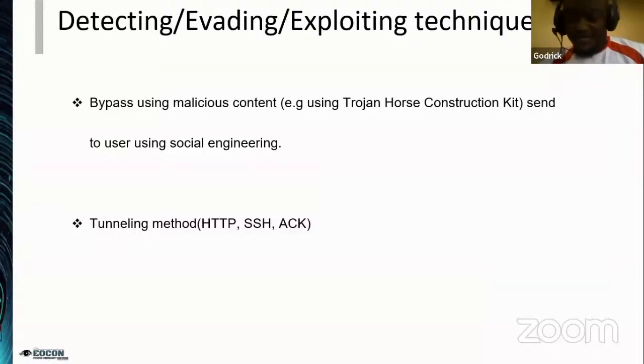The other one that is interesting and also reliable is the tunneling method. Most of the time our firewalls have some default ports that they leave open, maybe for administration, or because we have a website and we want to allow our users to access it, which is very normal and logical. So there are certain ports that we normally allow.